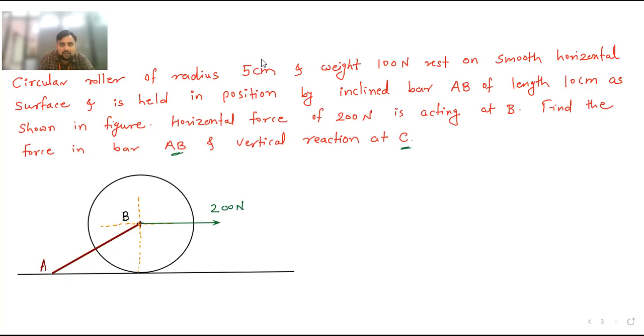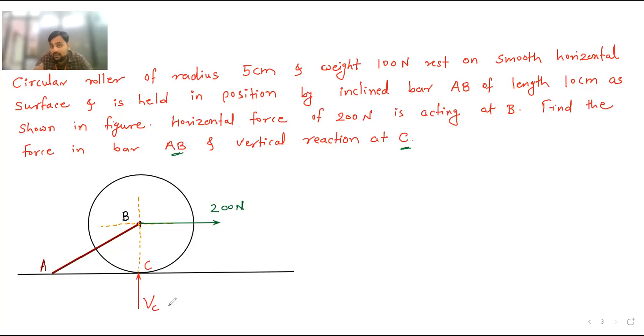So I will show the vertical reaction at point C. This is the point C and here is the vertical reaction. We are assuming that the vertical reaction is upward. I will call this VC, vertical reaction at point C. Initially, we don't know whether this vertical reaction VC is moving upward or downward.